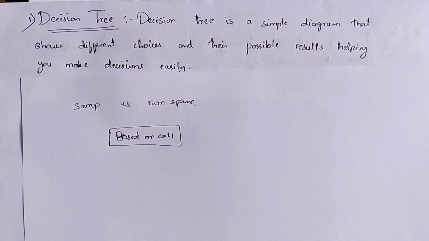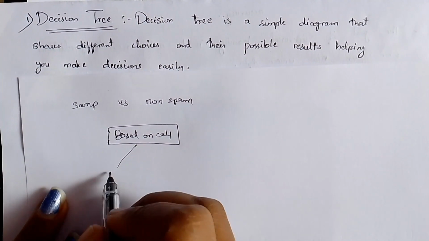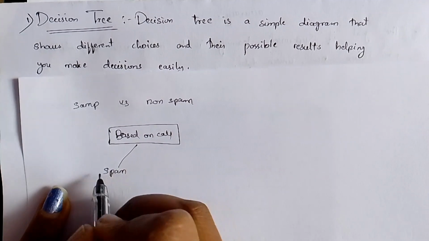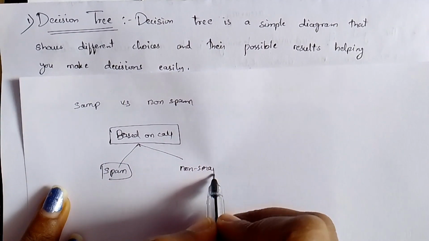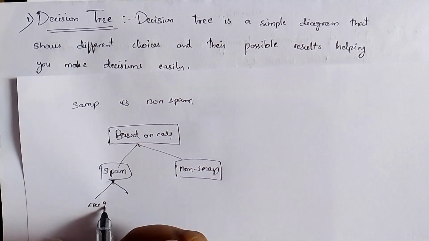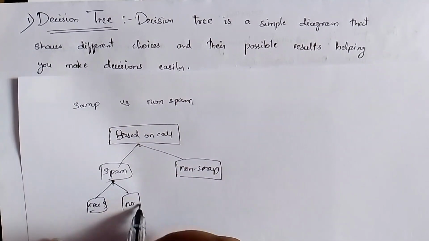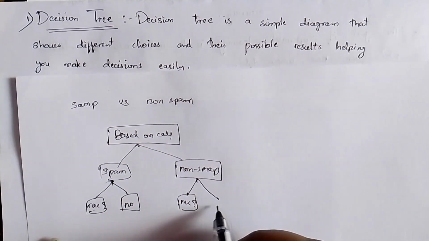Then we will decide whether to receive it or not. On what basis will we receive that call? We will receive it depending on whether it is a spam call or not. The decision tree is like this: if it is a spam call or a non-spam call, then we have to make the decision whether we are going to receive it or not.